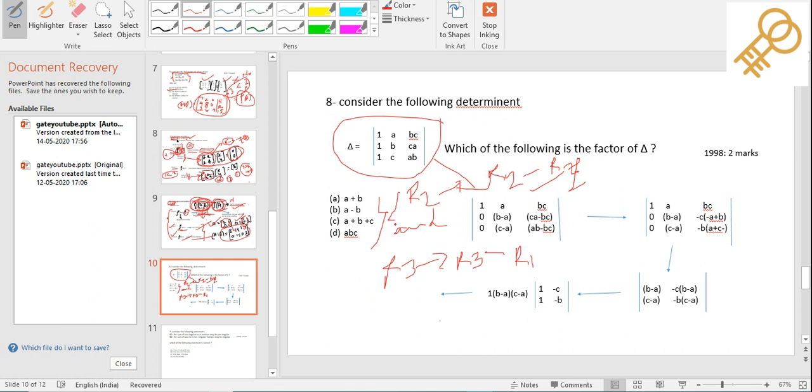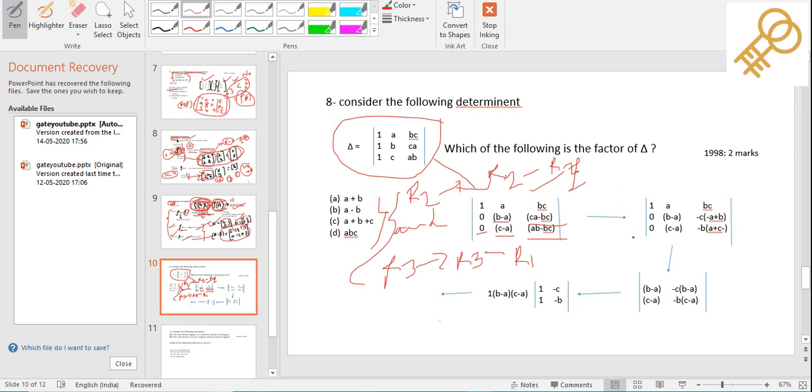These two operations I am applying on the given matrix. So if you apply R2 goes to R2 minus R1, you'll be getting 0, and B minus A, and CA minus BC, here C minus BC. And if you apply R3 goes to R3 minus R1, you'll be getting 0, and here C minus A and AB minus BC.